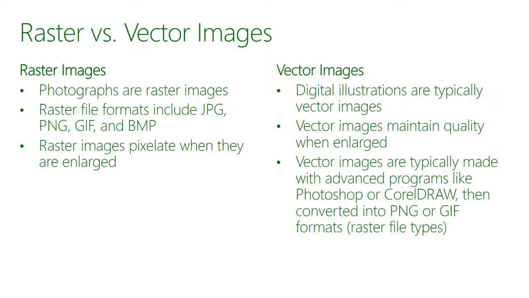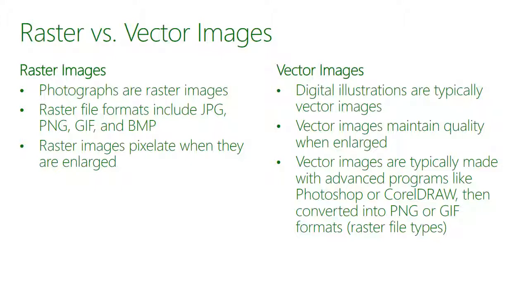Vector images, on the other hand, are digital illustrations and are typically vector based. They maintain the quality when they're enlarged, because you're basically talking about mathematical equations and so on, which won't lead to any loss in quality when they're increased in size.